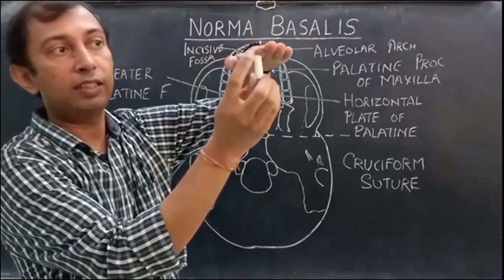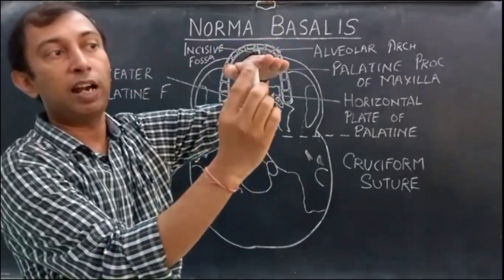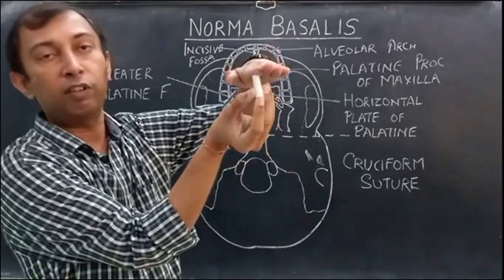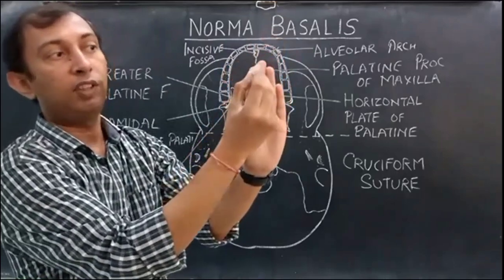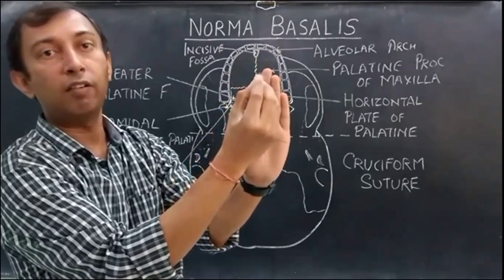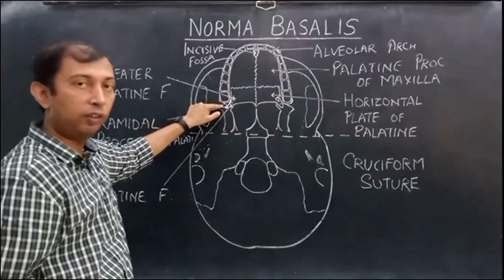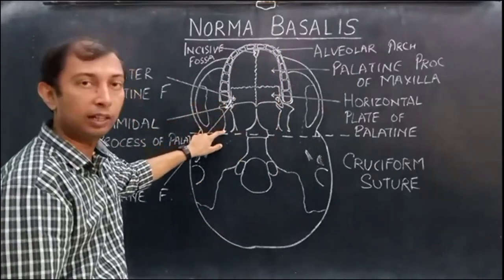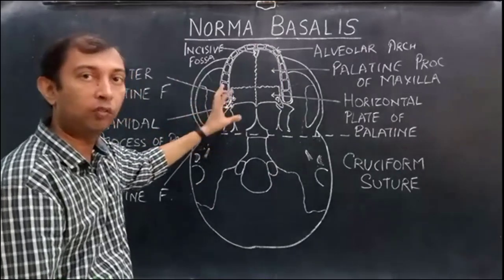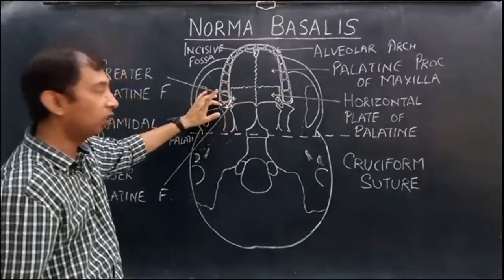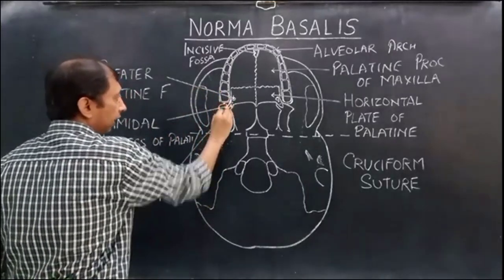So Norma Basalis obviously is like this in a real subject. So this part would be the upper end, this part would be the lower end. But when we see the Norma Basalis, we see the lower end towards ourselves. So that means this is the inferior end or the inferior margin and this is the superior end. A lot of times we get confused and we call this the superior one. Right. So this is the inferior end.